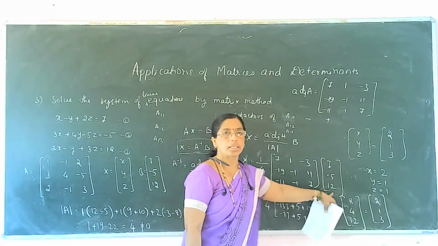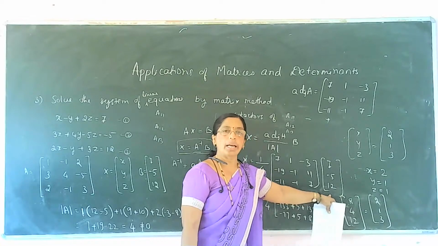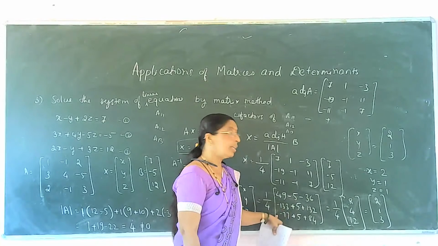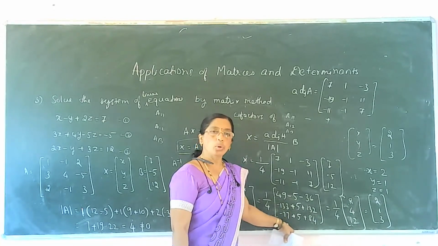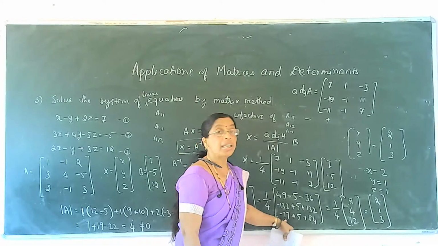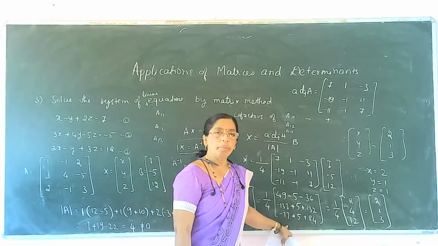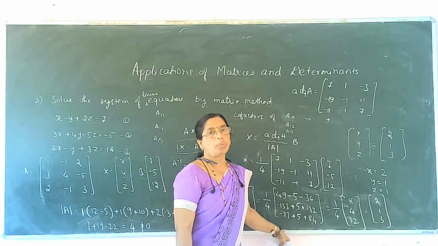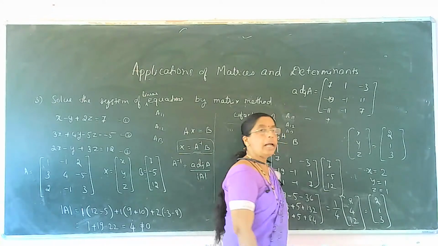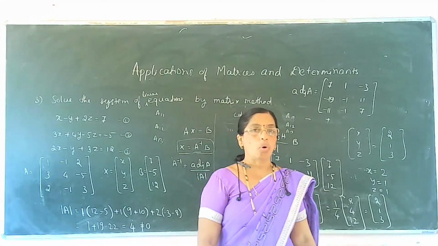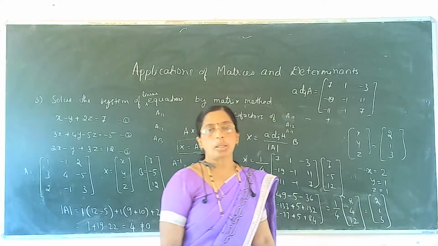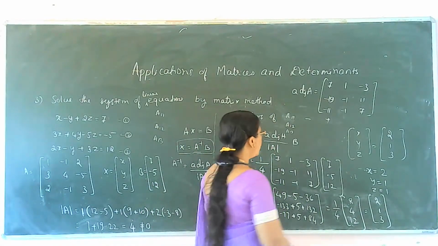It is a 3 by 3 matrix and a 3 by 1 matrix. You can multiply these two matrices. Then you find the addition and subtraction. You can use a simple calculator here also. Don't make a mistake here. If you make a mistake here, you can't get full marks. Therefore, you write properly and take the cofactor values, and addition and subtraction is very important.